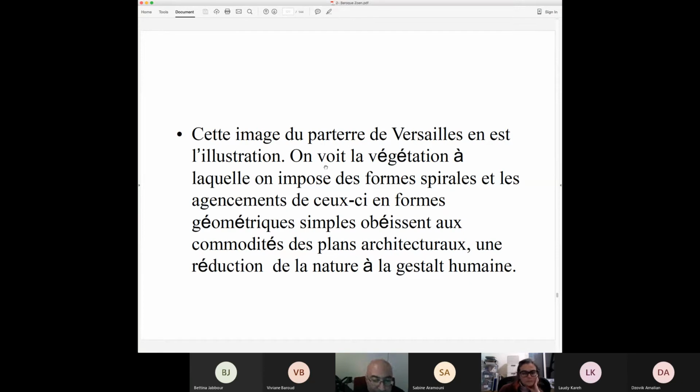What we see here is the reduction of nature to the tendency of humans to reduce everything to simple geometry, what we call Gestalt, the Gestalt theory.